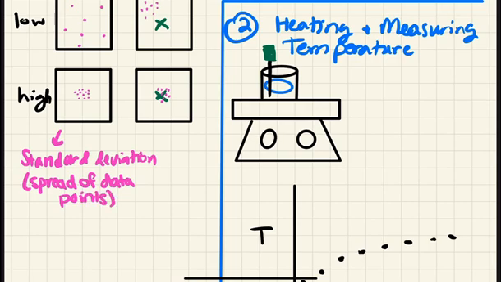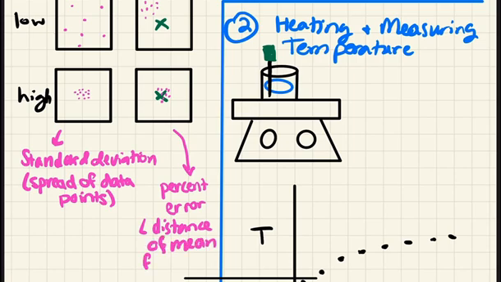That is calculated using a formula, and Excel can do that for you. Also, if we want to look at accuracy in terms of a number, we can calculate the percent error in the measurements, or the percent error in the average of the measurements, which is probably more likely. So this tells the distance of the mean from the true value.